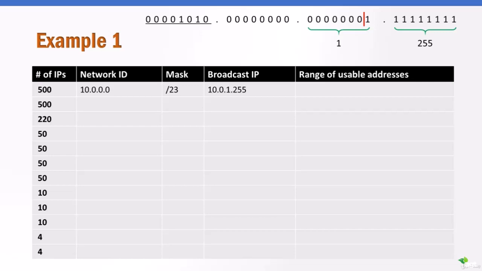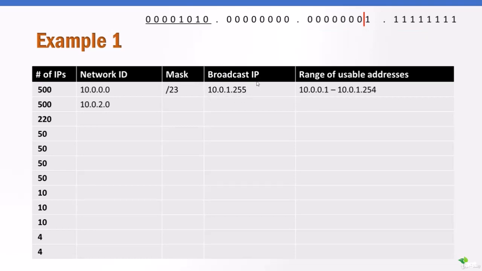So the broadcast IP is 10.0.1.255. Now the range is the easiest one to determine because we're just going to go from the first address after the network ID and then up to the one address before the broadcast IP address. So we're going to go from 10.0.0.1 to 10.0.1.254.